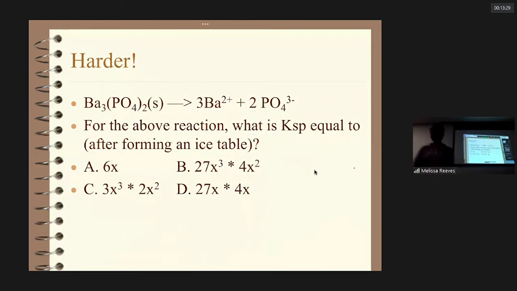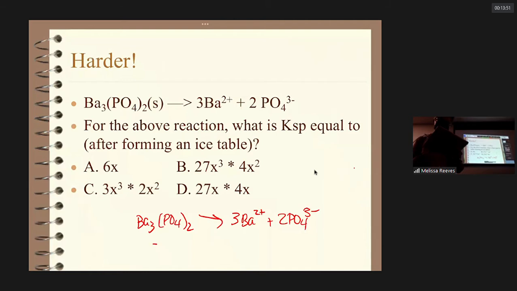And so if you look at we've got our solid going to 3 bariums and 2 phosphates. We're going to get 3x, because there's a 3 in front of the barium, and a 2x because of the 2 phosphates.